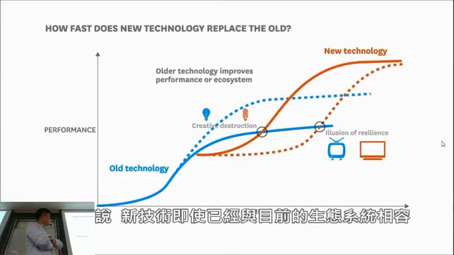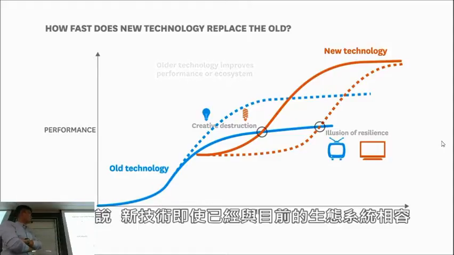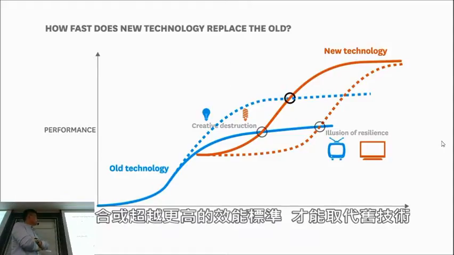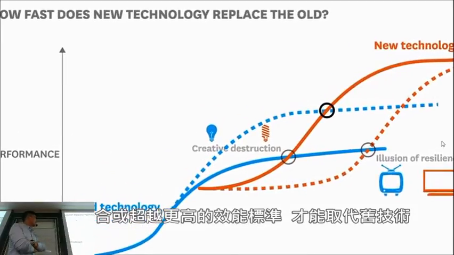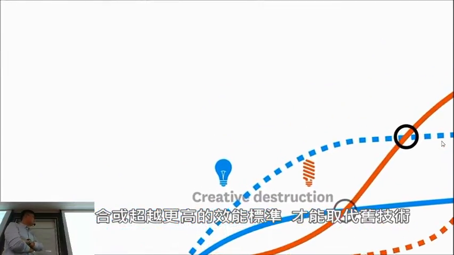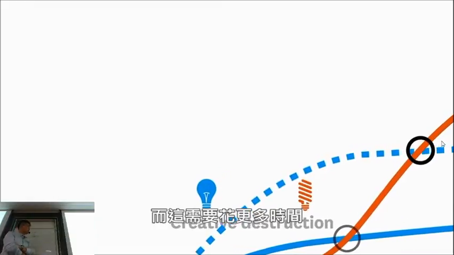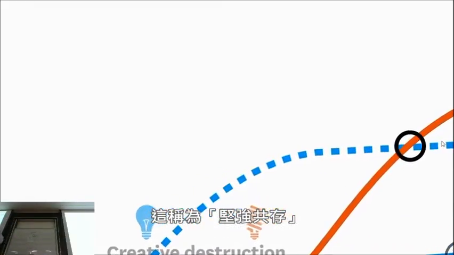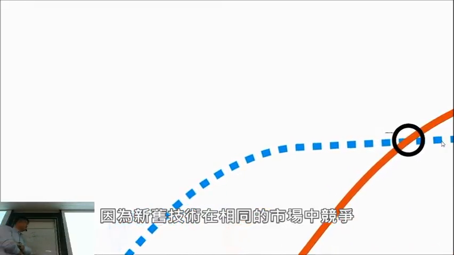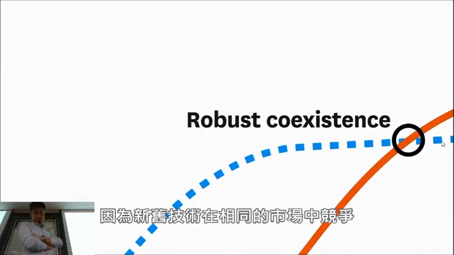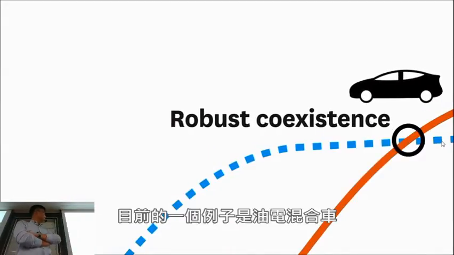In other words, the new technology, even if it is already compatible with the current ecosystem, has to meet or exceed higher standards of performance before it can take over. And that takes more time. This is called robust coexistence because the new and old technologies are competing against each other in the same market. You see this today with hybrid cars.